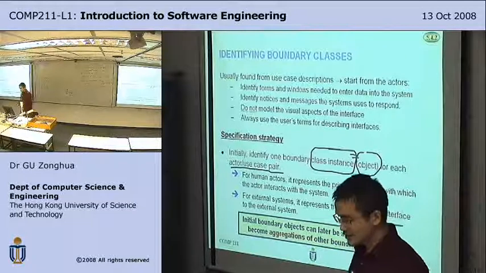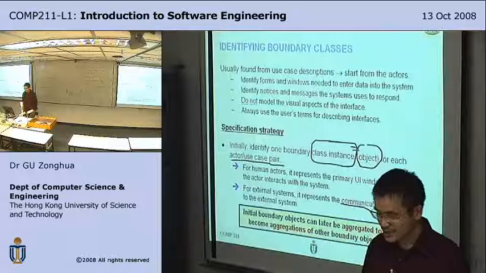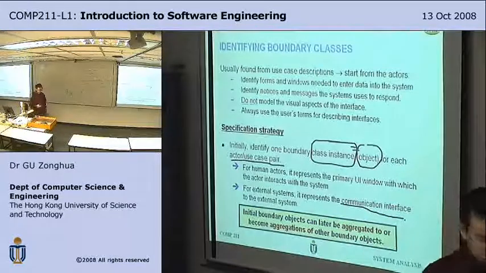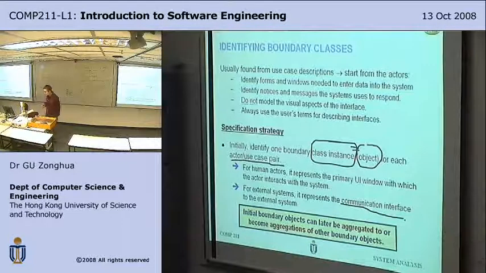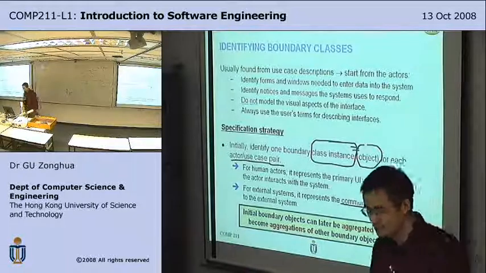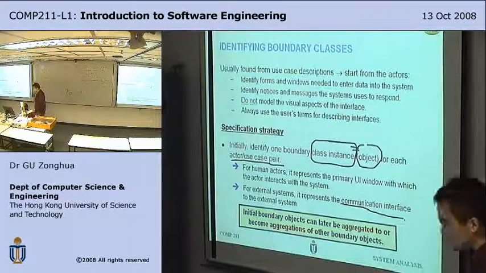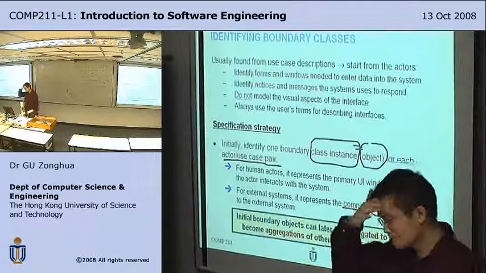Initially, you are putting in one boundary object for every user use case pair, but many times a user can perform multiple use cases, so perhaps you want to merge these objects into one.